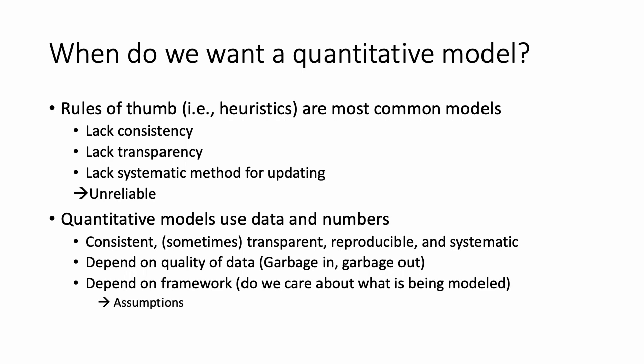The quality of a quantitative model is highly dependent on the data you're putting in. There's this adage, garbage in, garbage out. So if we're building a model that's based on lousy data, then we're probably going to get lousy predictions from it. And importantly, it depends on the framework. What do we care about being modeled? And different assumptions around the model. So the goal is moving from something that's unreliable to something that's more reliable, predictive, systematic, though there are a number of reasons it's certainly not perfect.